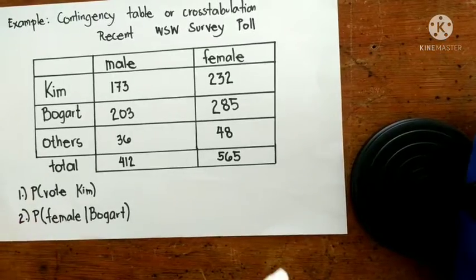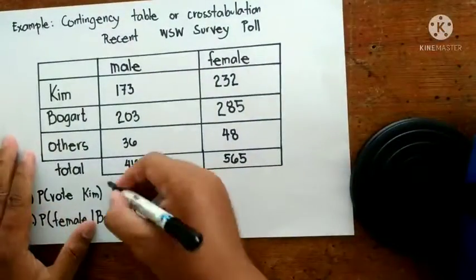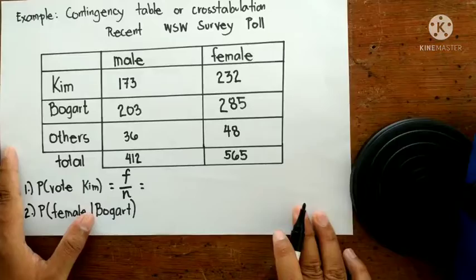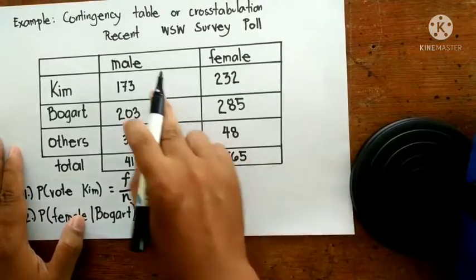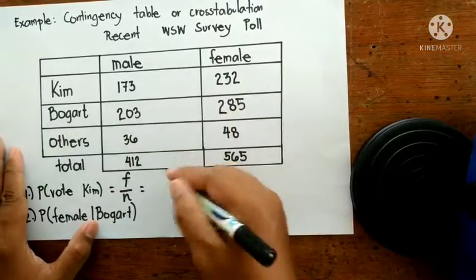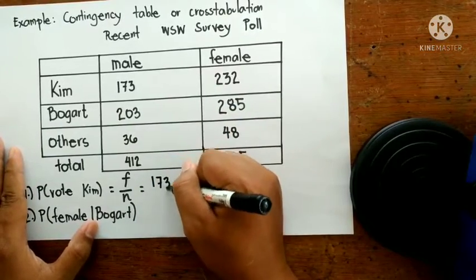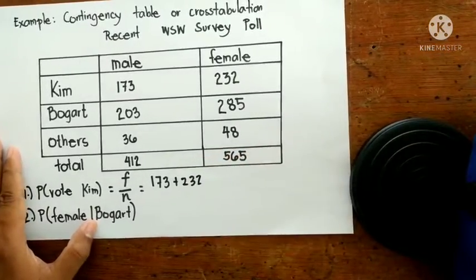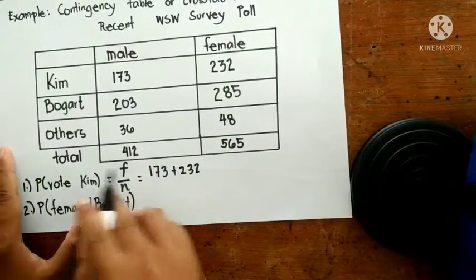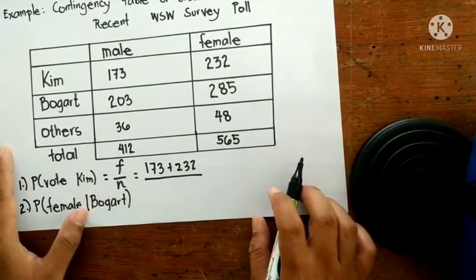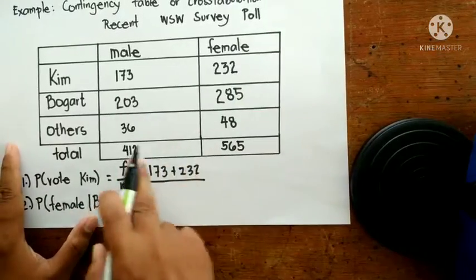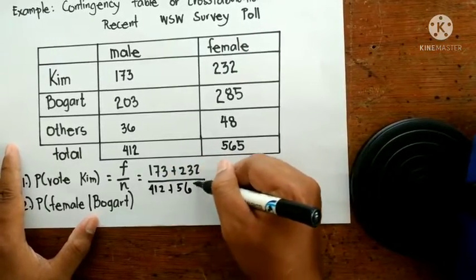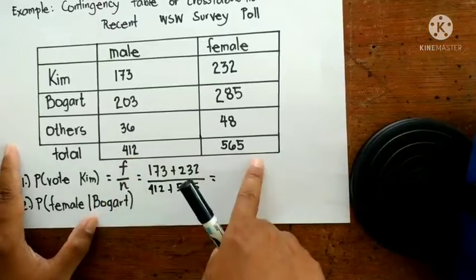If you remember, our formula is F over N. What we are going to do right now is add all the votes for Kim, which is 173 plus 232, because those are the favorable events for the vote of Kim, all over the total votes, which would be 412 plus 565.